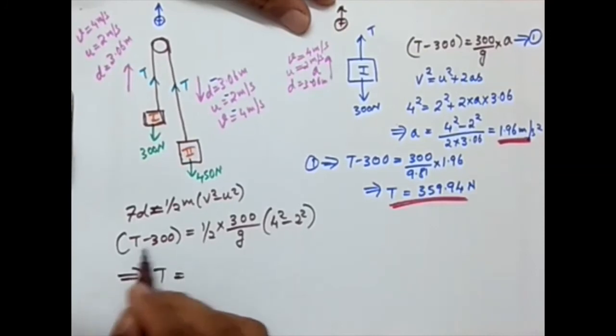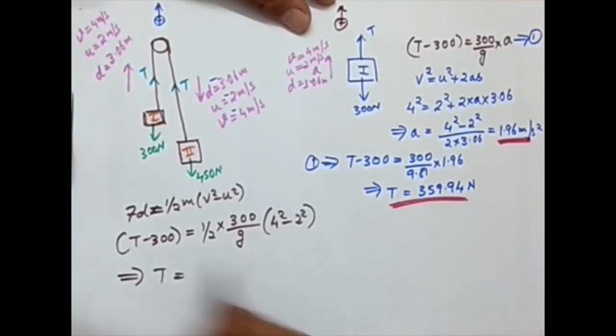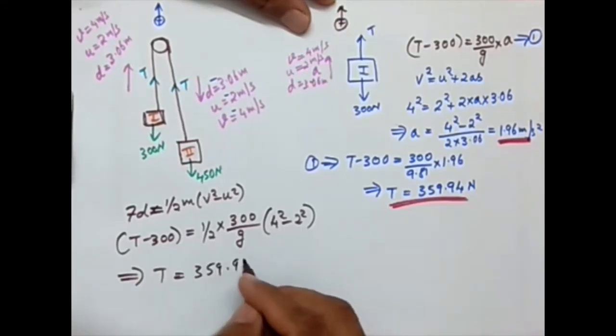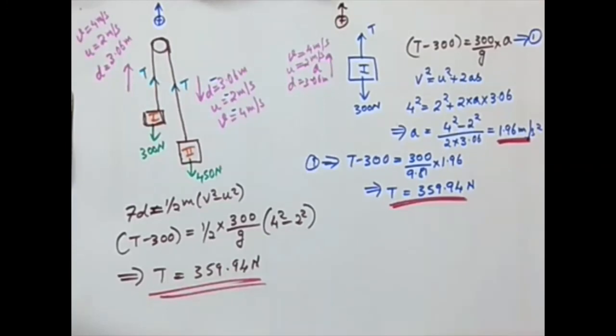Directly from this you can get the value of T, and on solving this also you are going to get the value as 359.94 Newton. Okay, so these are parallel approaches of solving for T.